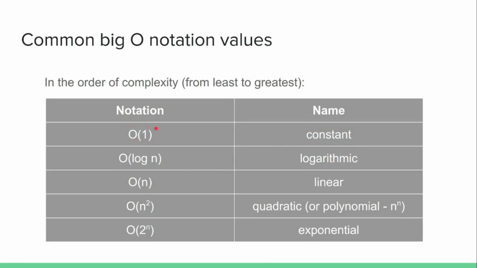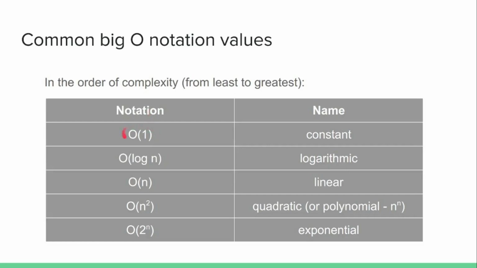We've got these listed in order from least complex to most complex. What I mean by that is the rate of growth for the notations at the top of this table is slower. It's smaller than at the bottom of the table.